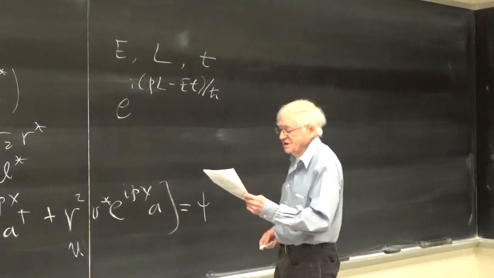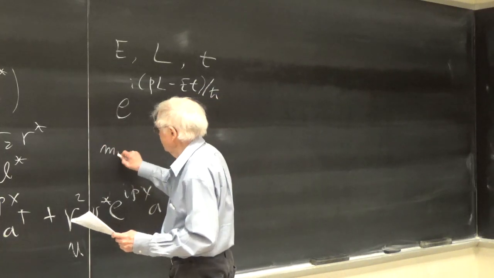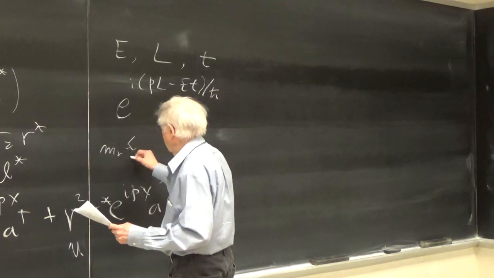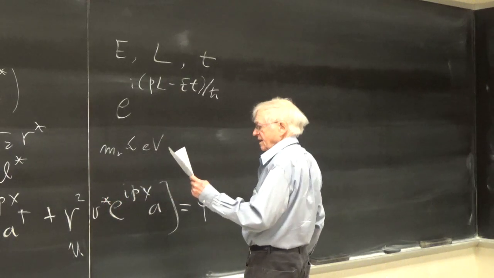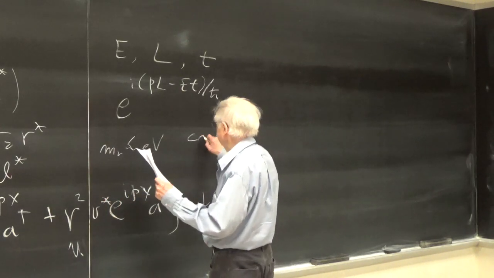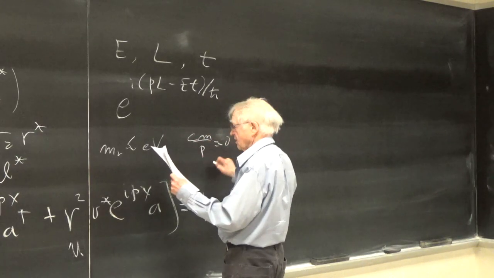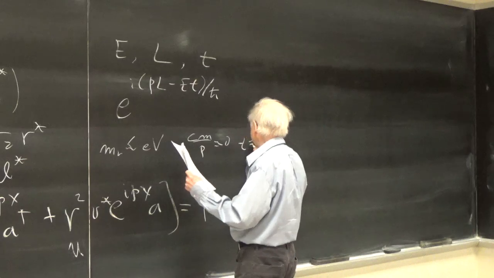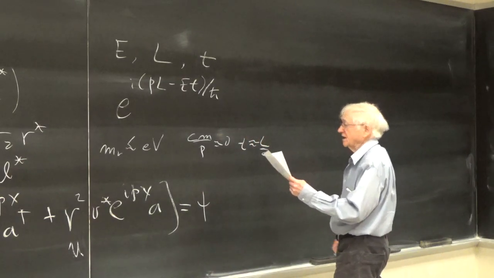Now neutrinos are nearly massless, that is to say their mass is of the order of less than an eV, and consequently mc/p is essentially 0 and t is essentially L over c, so they're moving essentially at the speed of light.